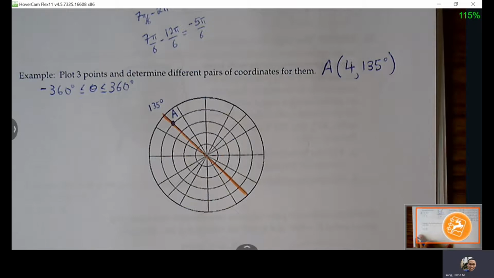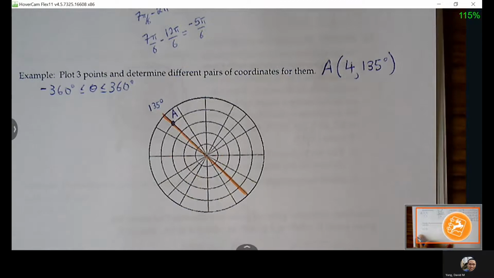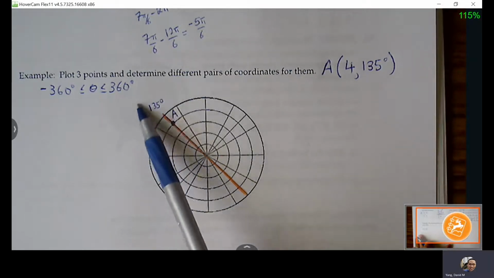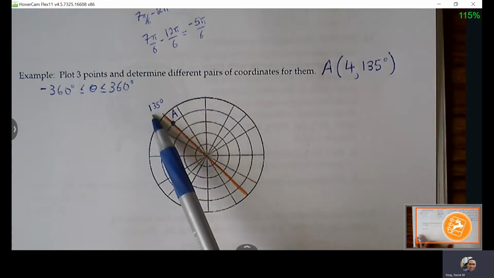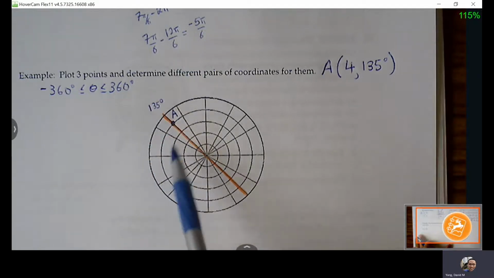Does everyone have an ordered pair that also takes us to the same point? Okay, what's another degree measure that will take us to 135 degrees? Yeah, if I subtract 360, I can go backwards, right?